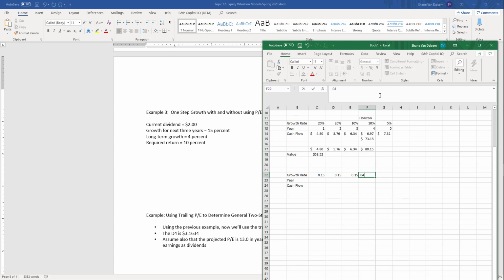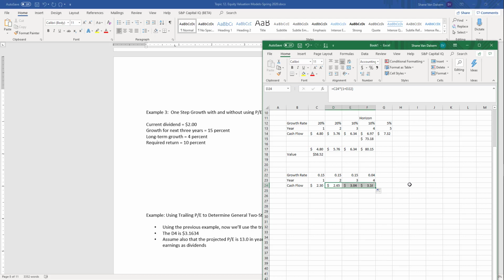And after that it's 4%. Our current dividend, our last dividend paid was $2, so that would be our D sub 0. So our dividend at time 1 is expected to be $2.30. At time 2, it's expected to be $2.65.